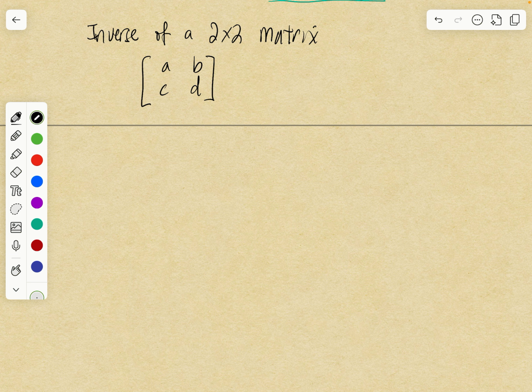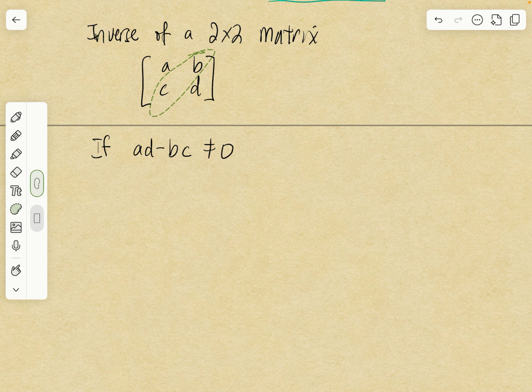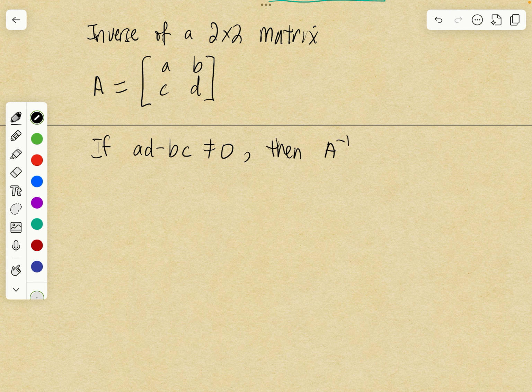So the theorem is: if AD minus BC is non-zero, in other words, if I multiply these two diagonal entries and subtract the product of those other diagonal entries, then this matrix, let's call this A, then A inverse exists.